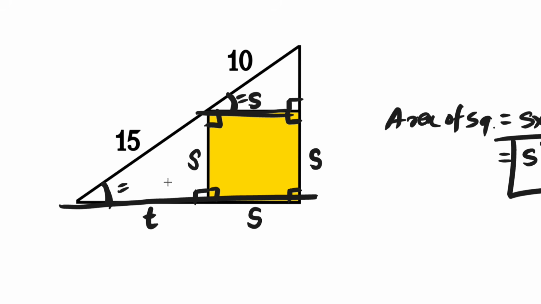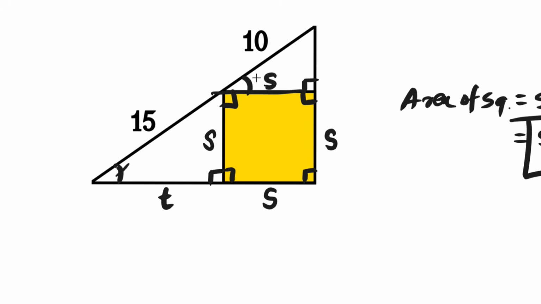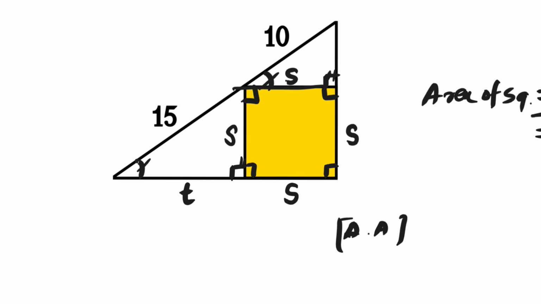So, we have one pair of equal acute angles and one pair of right angles. Whenever two angles of one triangle are equal to two angles of another triangle, the triangles are similar by the angle-angle similarity criterion. This is a very important idea because similar triangles have proportional corresponding sides.